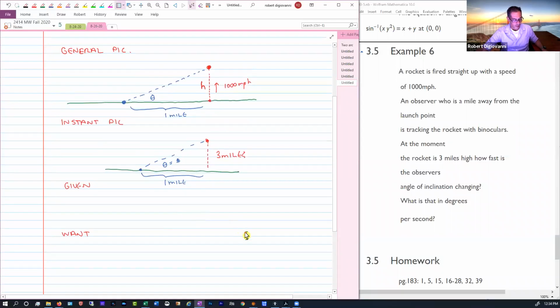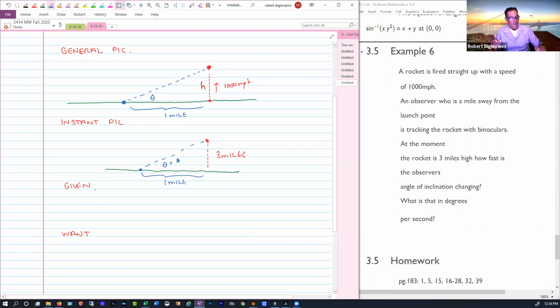Okay, so what am I given? I'm given the speed of the rocket, right? Speeds are always rates of change, and rates of change are always derivatives. So the 1,000 miles per hour is the change in what here? What is changing at 1,000 miles per hour? The height of the rocket, right?